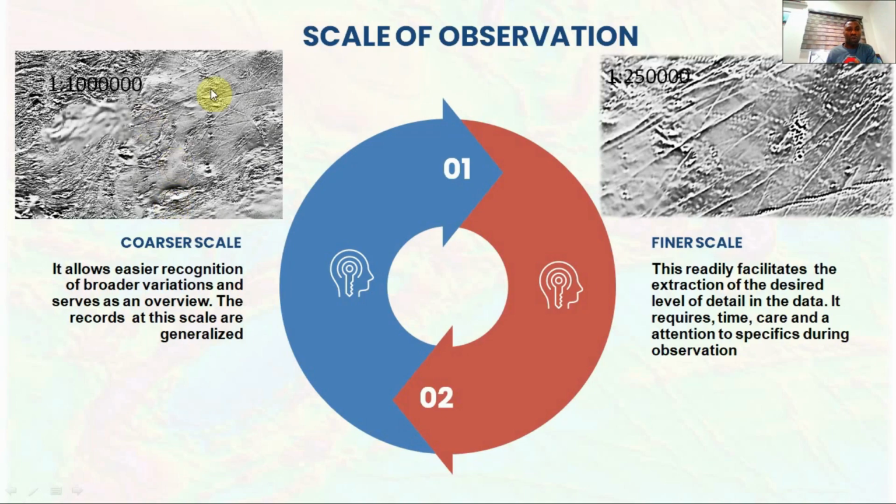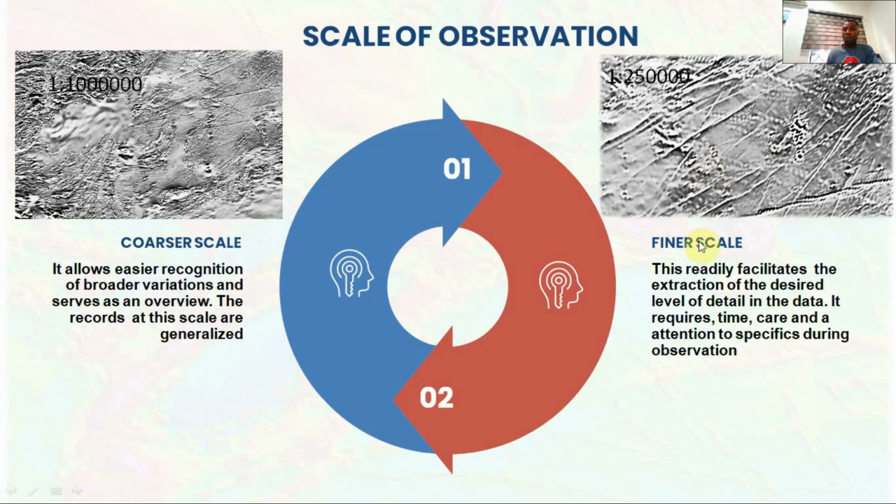If you look, this is an observation at 1:1 million. Meanwhile, this is an observation at 1:250,000. These two are not the same thing. Here you can observe three distinctive features: you can mark this one, you can mark this two, and this whole place looks like another kind of feature. Here it is more detailed, but not broad.